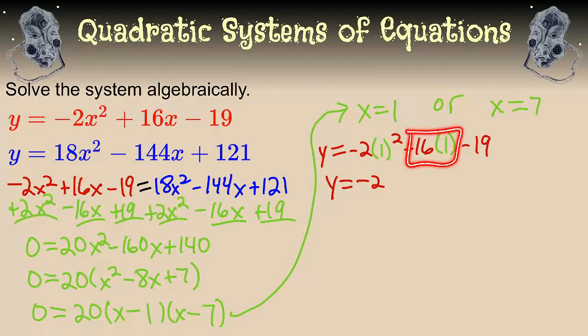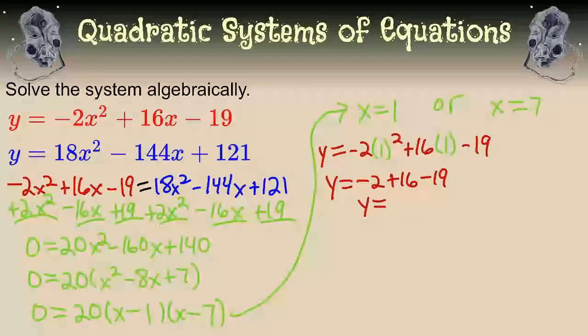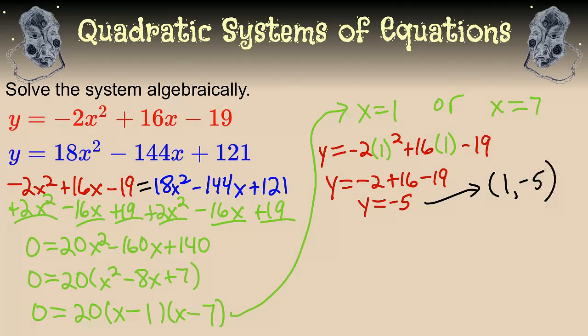This is just 16, so plus 16 and then minus 19. And so I get y is equal to 14 minus 19, which is negative 5. So that gives me the point 1, negative 5.